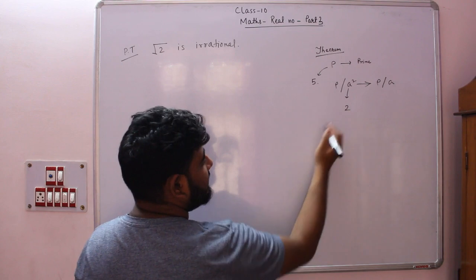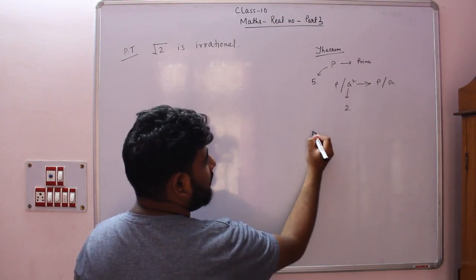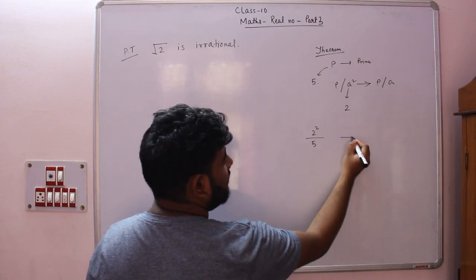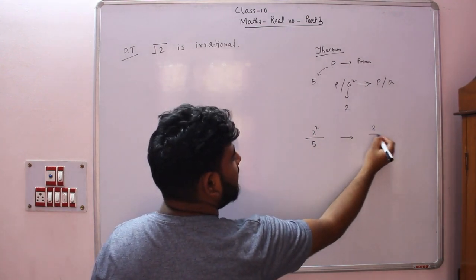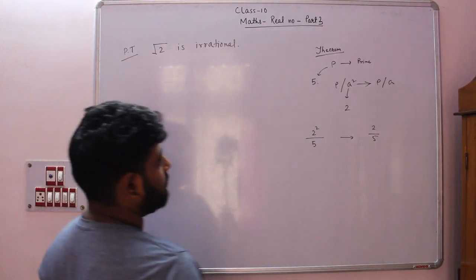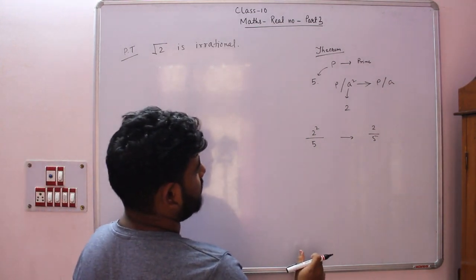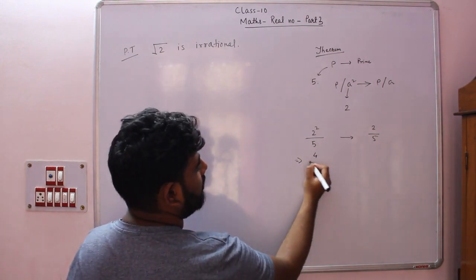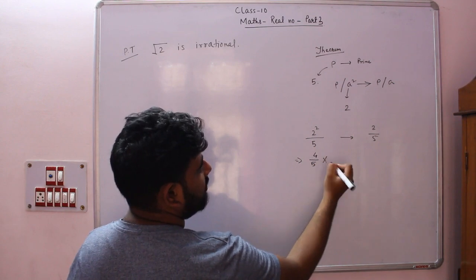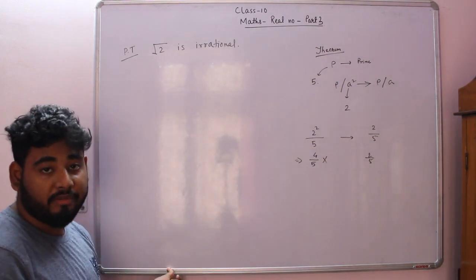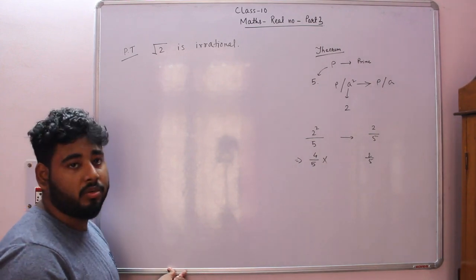So it says that if 2 square is divided by 5, then 2 will also be divided by 5. Or did I say something wrong? No. So 2 square is what? 4. 4 is divided by 5, it is not going. So therefore 2 is also divided by 5 is not going. Divide means the remainder should be 0.